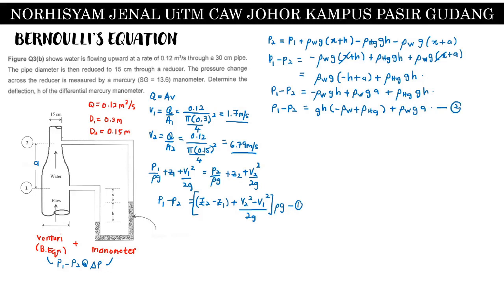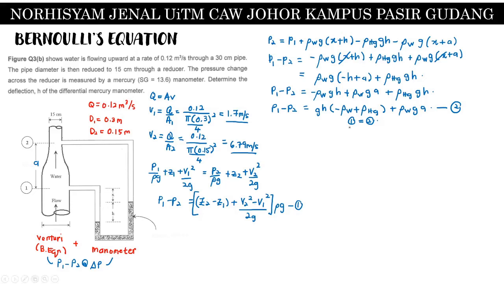So what do we do right now is, because we have equation number 1 and equation number 2 here, we do it this way. Equation number 1 should be equal to equation number 2, because P1 minus P2 is equal to P1 minus P2. So what we have over here is the same P1 minus P2, but with two different parameters.